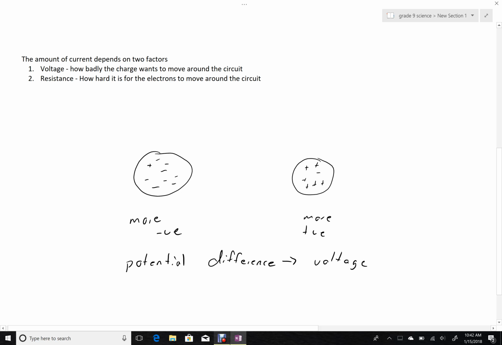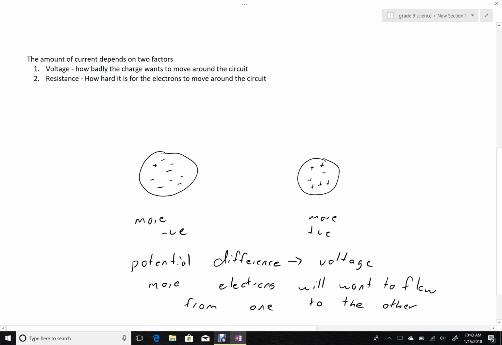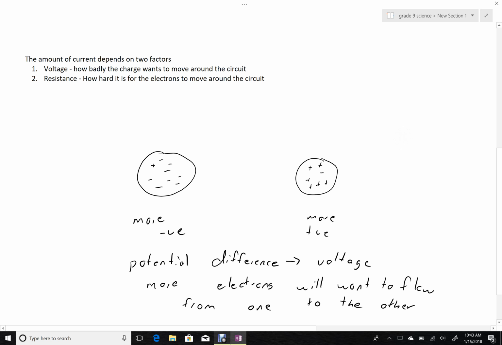The more electrons will want to flow from one to the other. So again, more positive, more negative means more potential difference, or more voltage, we say.